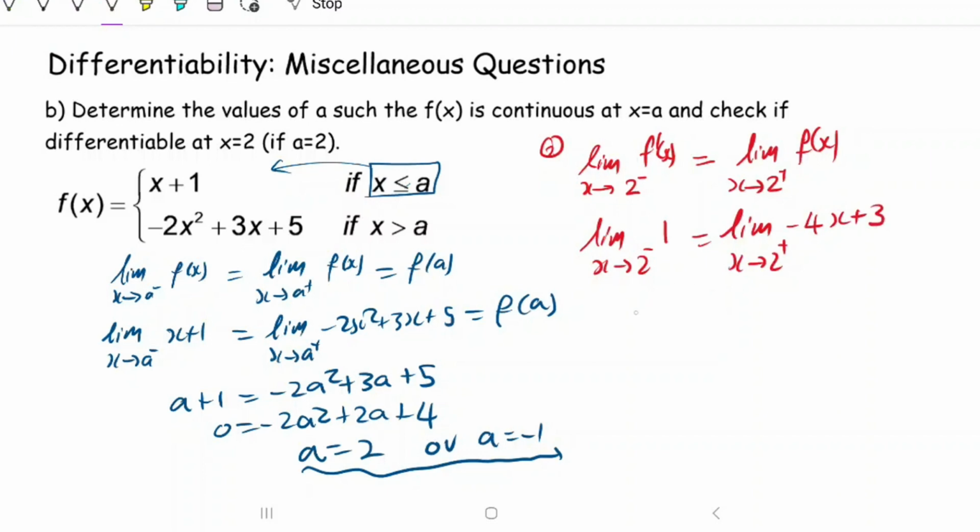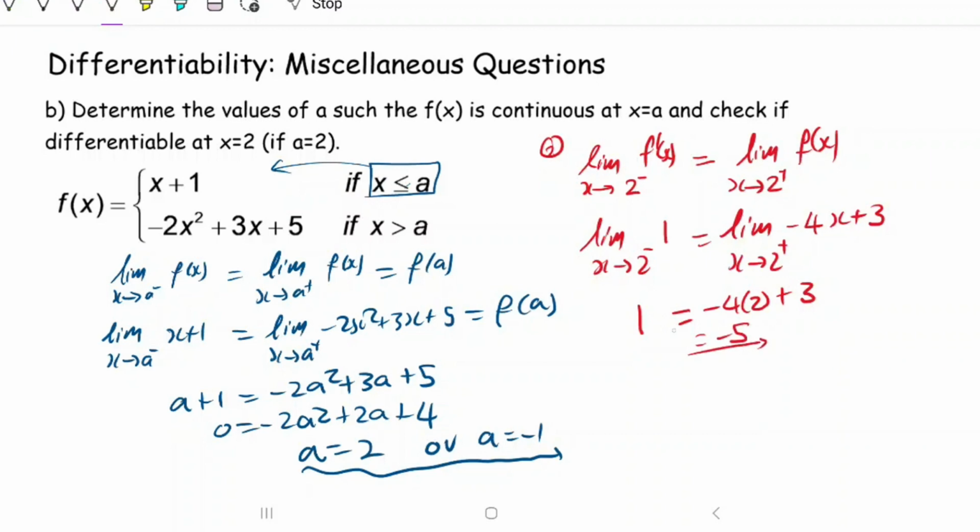And what we then do is apply limits, so this is equal to 1, and for the other, if we substitute 2 there, we get minus 4 times 2 plus 3. If you calculate that quickly, you'll get that this is minus 5.